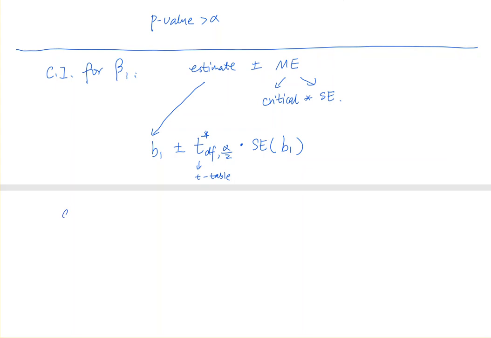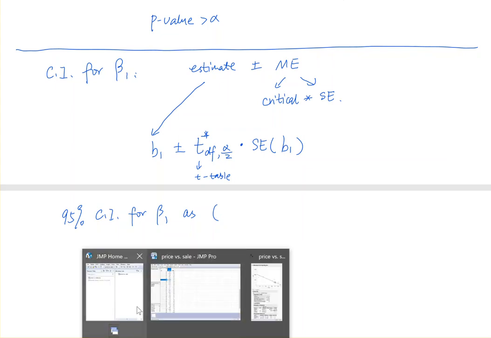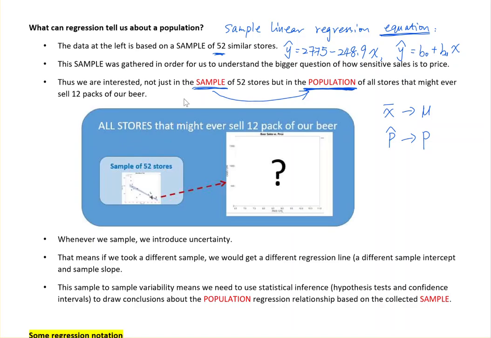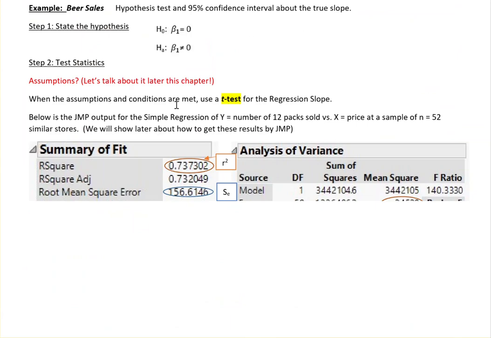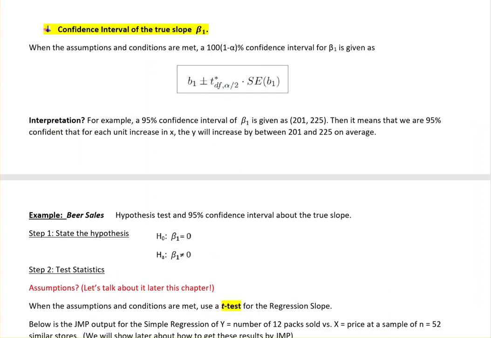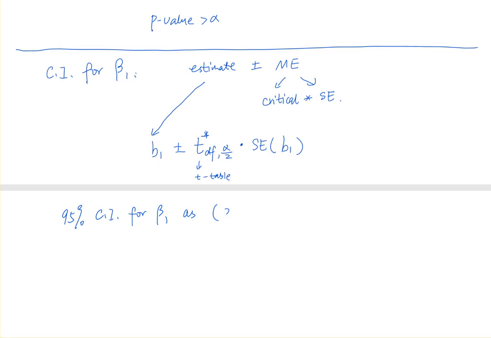For example, suppose after calculation we got our 95% confidence interval for beta 1 as 201,225. So how can you interpret it?